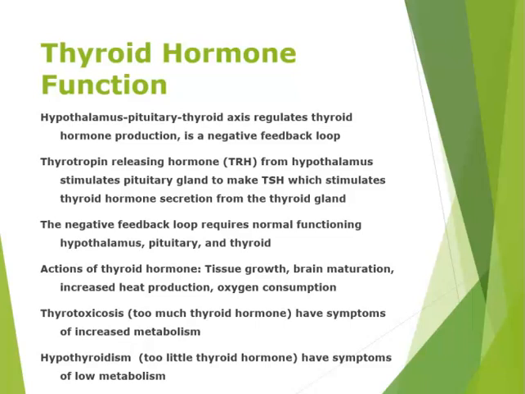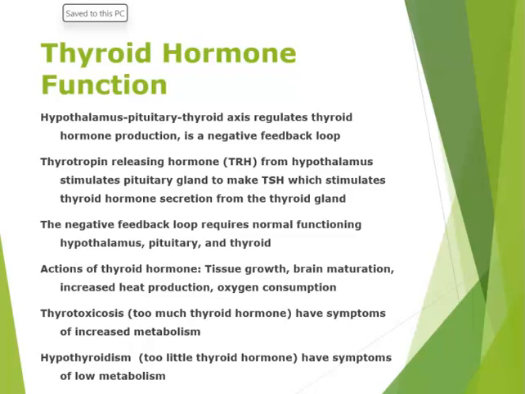The negative feedback loop requires normal functioning hypothalamus, pituitary, and thyroid. Actions of the thyroid hormone include tissue growth, brain maturation, increased heat production, and oxygen consumption.